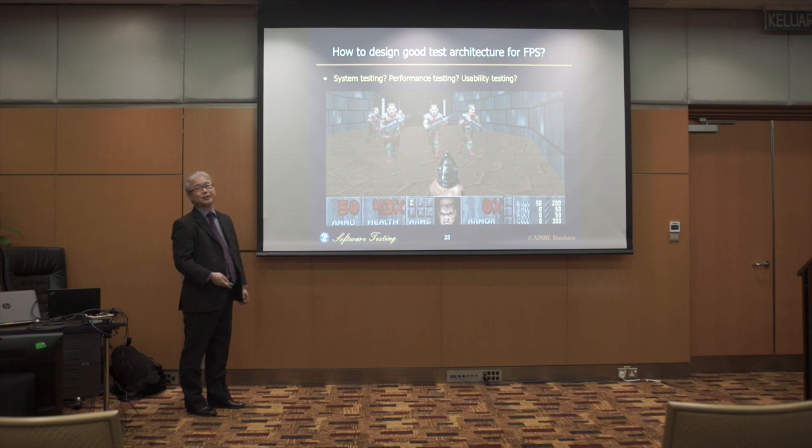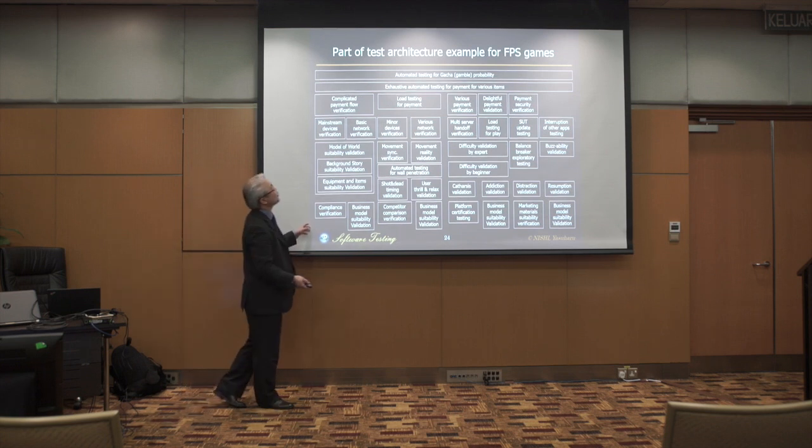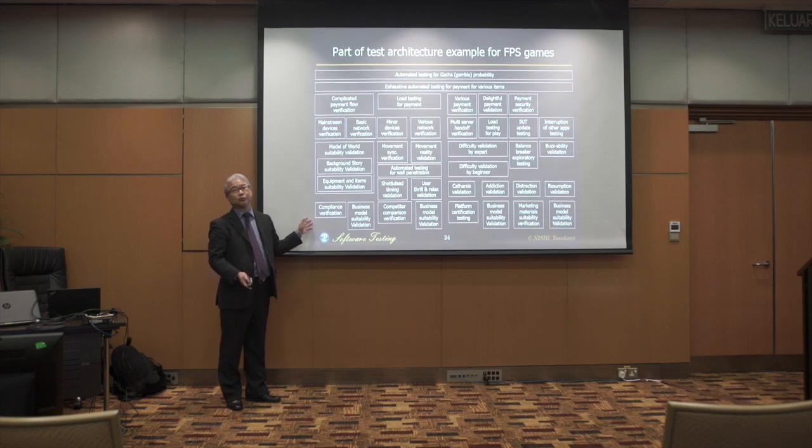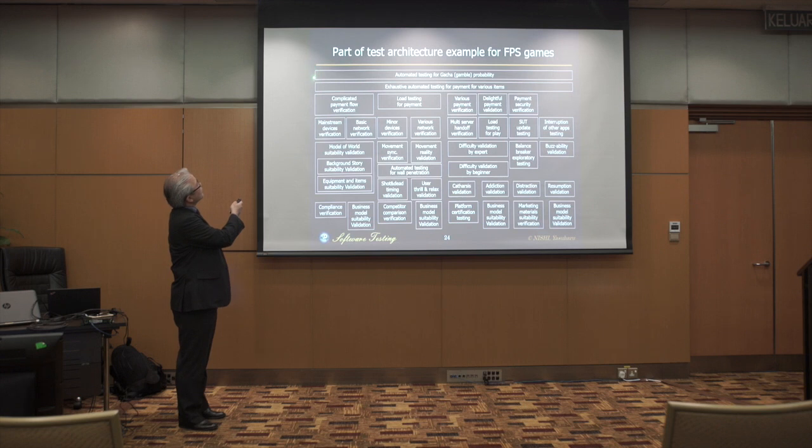How do you test, in which test level or which test types? This is part of a test architecture example for a first-person shooting game. The upper one is automated testing for gacha.